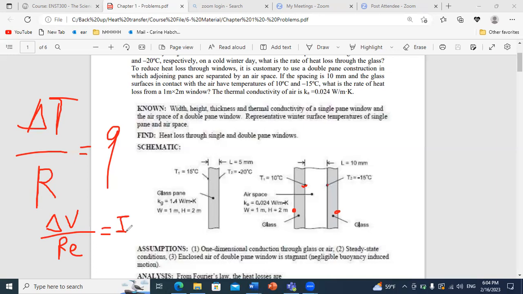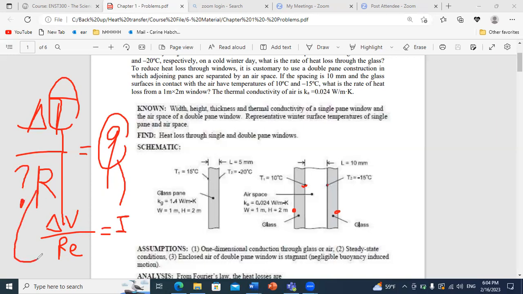So here we can do the following analogy. We can say that in heat transfer, temperature is similar in electricity to voltage, and heat rate is similar to intensity. And then we can define what we call a thermal resistance that is equivalent to electrical resistance.